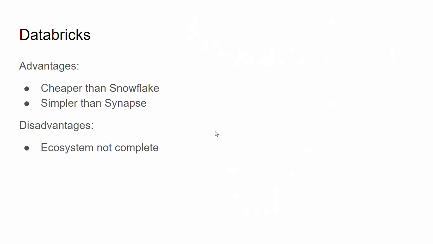So they have a strategic partnership with Azure. There's Azure Databricks, which basically runs Databricks clusters on Azure. We are not going to touch Databricks in our course, but it's helpful to know because this is another possible data lake solution outside of Azure Synapse Analytics.